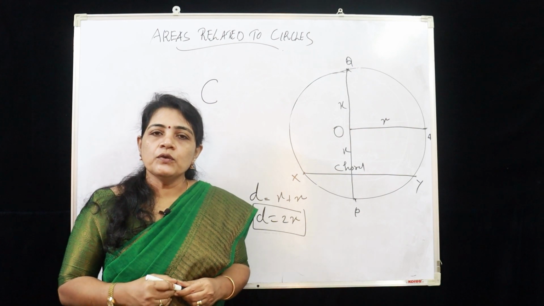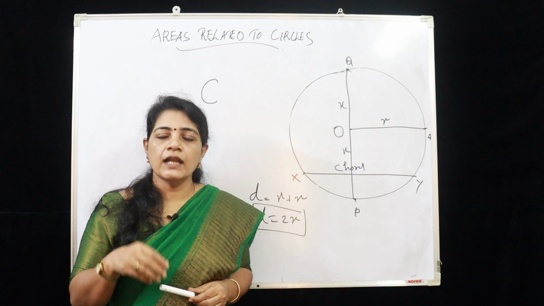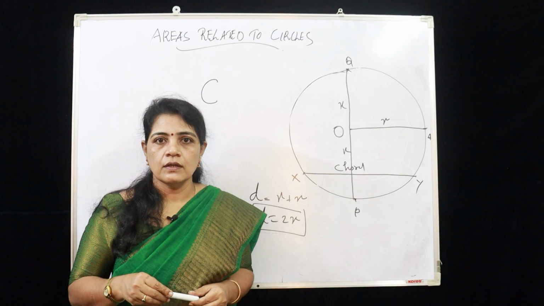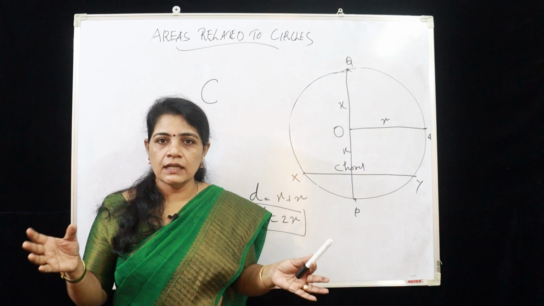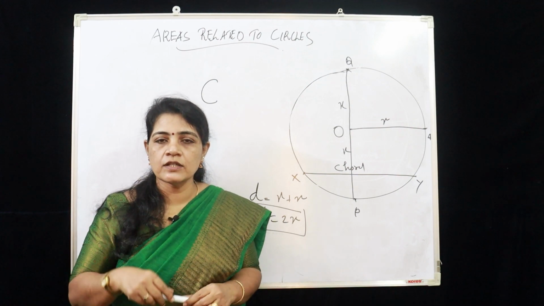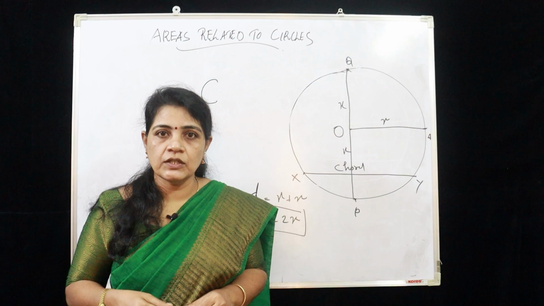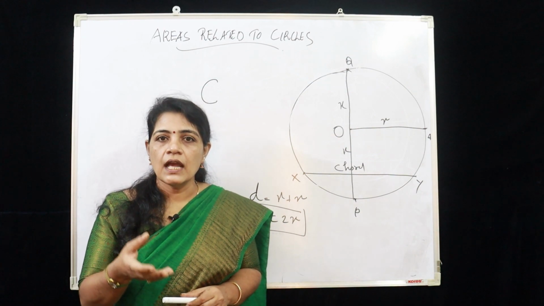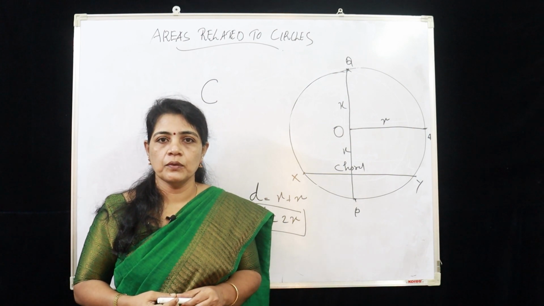You can take a circle with a string and cut along that circle at one point. So you can easily measure the length of the string, that is equal to the circumference of the circle. And before that, you measure its diameter and take their ratio, that is, the ratio between the circumference and the diameter.